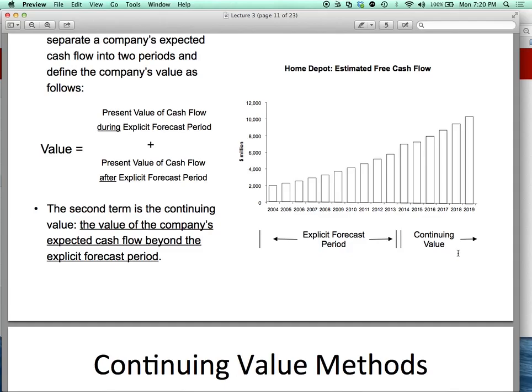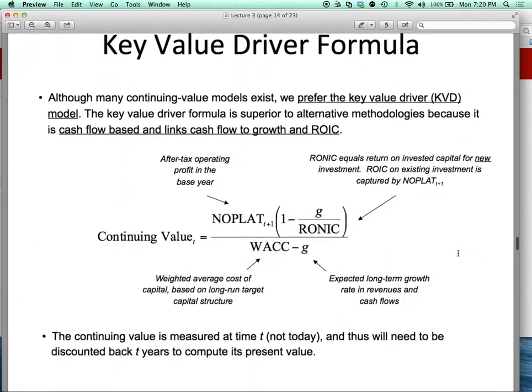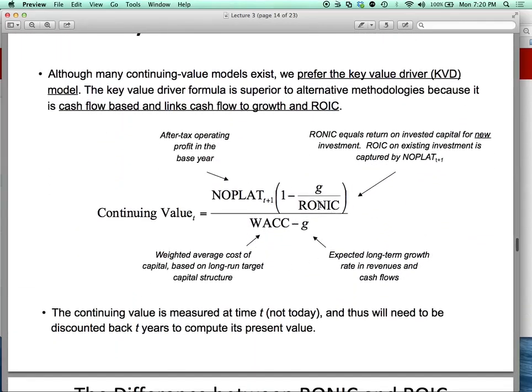Because when I go into continuing value, I'm going to use the key value driver formula to proxy the continuing value of the firm, which means that 3 numbers in the growing perpetuity, which became 4 numbers in the key value driver formula, will represent 70 to 80% of a company's value. And if I want 70 to 80% of a company's value to be on 3 numbers, then I want those 3 numbers to be relatively predictable.